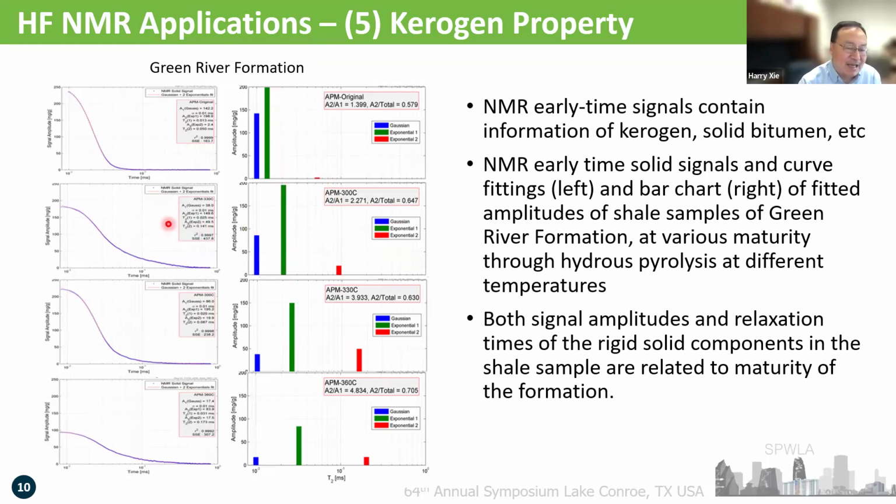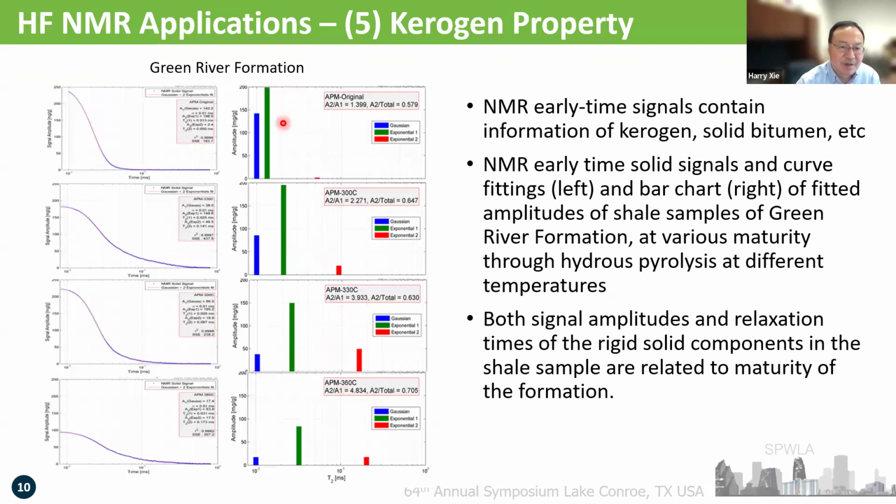That indicates that when you do the maturing process like hydropyrolysis, you speed up the kerogen oil production process. The kerogen produced oil, and at the same time the maturity increased. We did this at 300 C, and the same at 330 and 360.